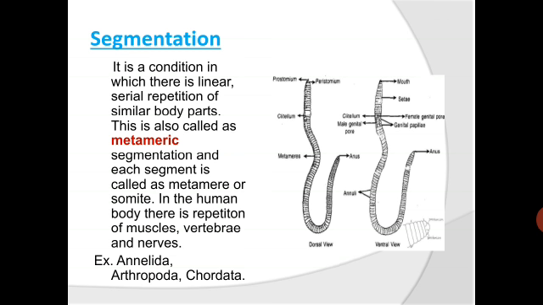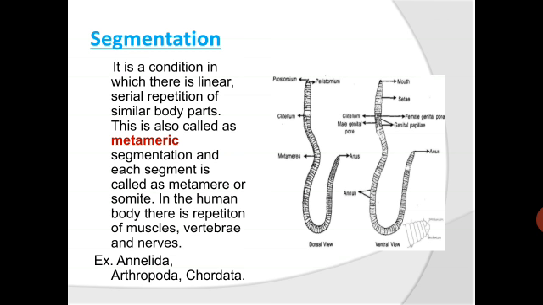Coming to segmentation, it is a condition in which there is a linear serial repetition of similar body parts. This is also called metameric segmentation, and each segment is called a metamer or somite. In the human body, there is repetition of muscles, vertebrae and nerves. Examples of segmentation: Annelida, Arthropoda and Chordates.